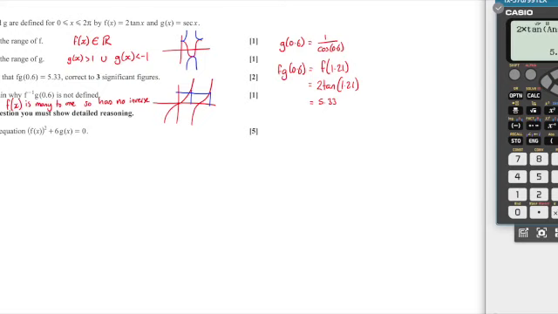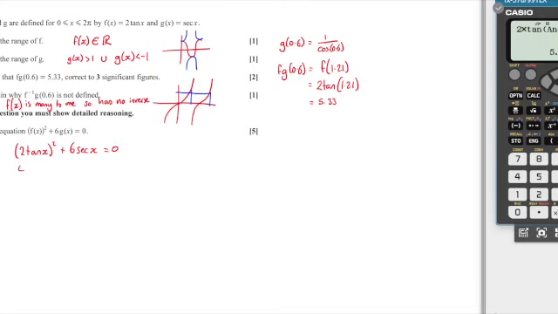Right, we then get solve the equation f of x squared plus 6g of x equals 0. So that's going to be trig identities. F of x squared, so that is saying we have got 2 tan x squared plus 6 sec x equals 0.